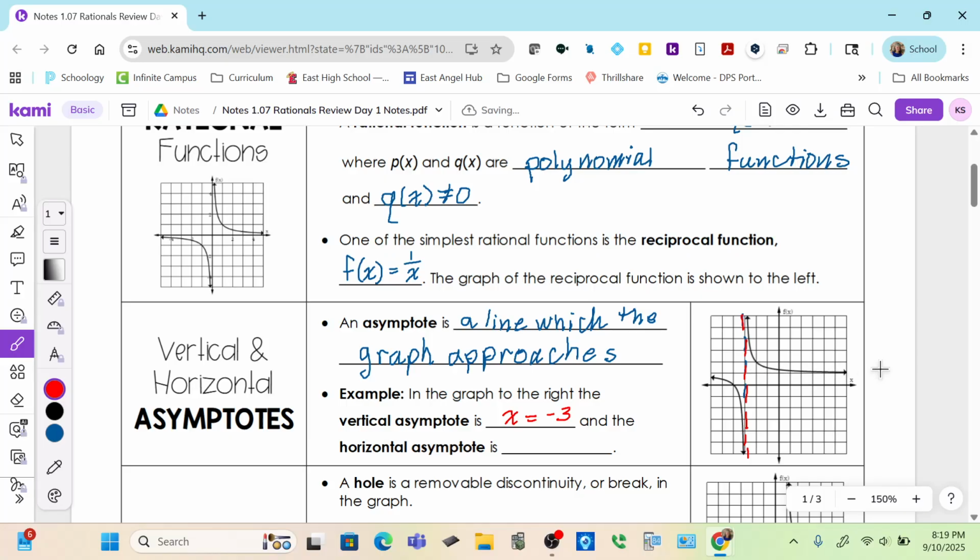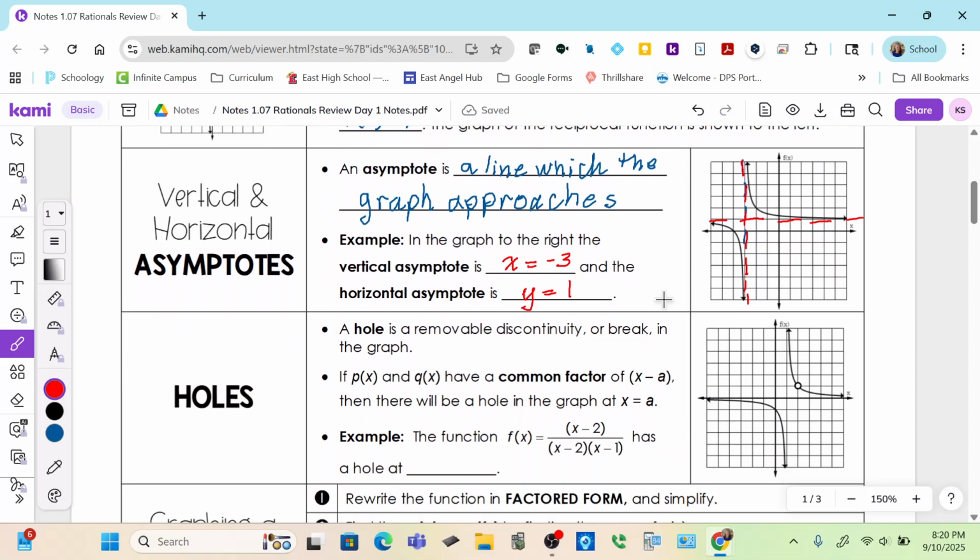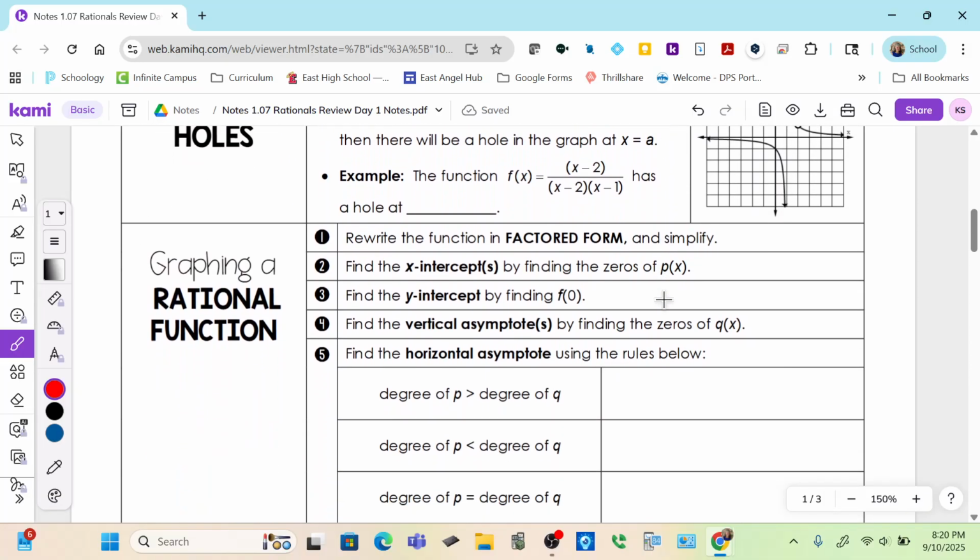Both of these curves are approaching y equals 1. That is our horizontal asymptote. Graphs can have these asymptotes, and you could very easily have pieces approaching them from two different sides or directions.